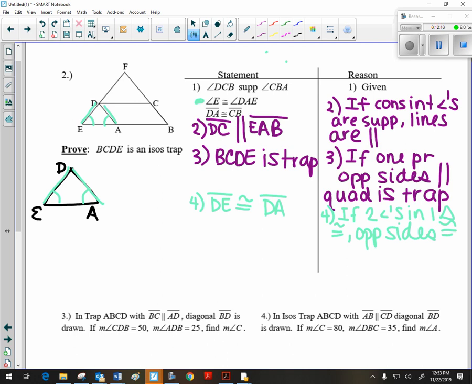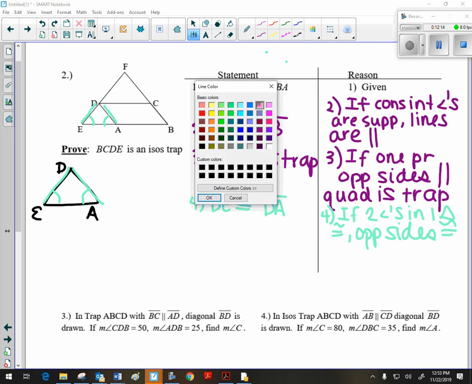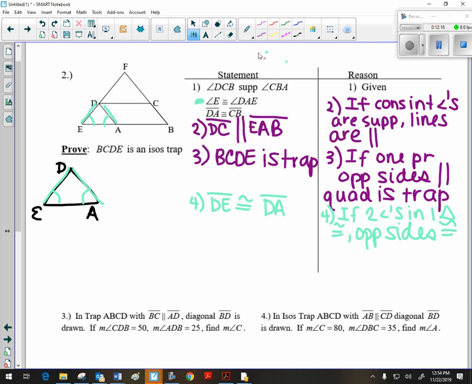When I move on to the next piece of given information, one of the things that I notice is that I have 2 sides that are congruent to each other. That's DA and CB. And when I first look at that, I may not realize why they would give me that until in my brain I link together the fact that this has a DA and this has a DA.